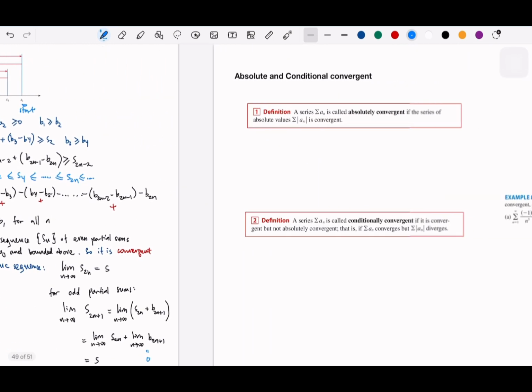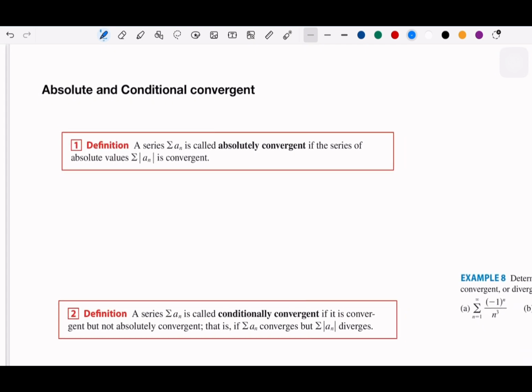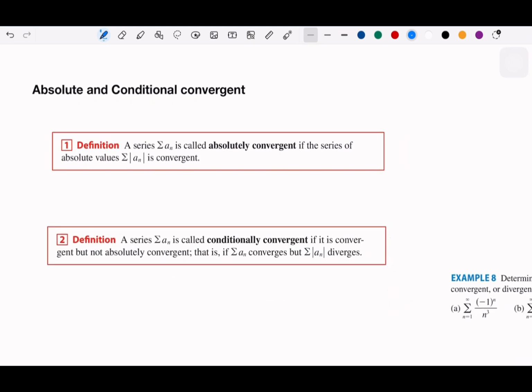Let me just use these two definitions. The first one we call absolutely convergent. That is when we take the absolute value of the series and we know that it will be convergent.